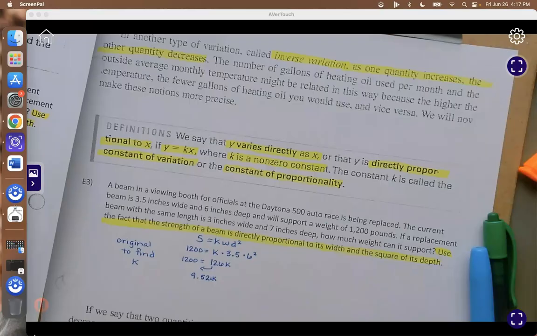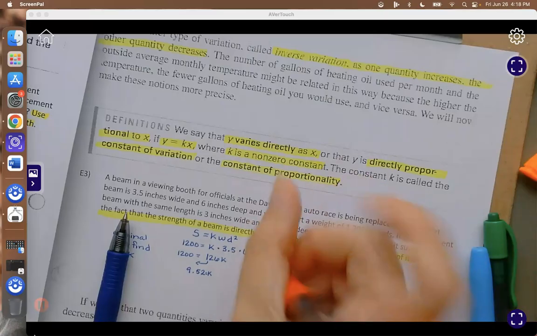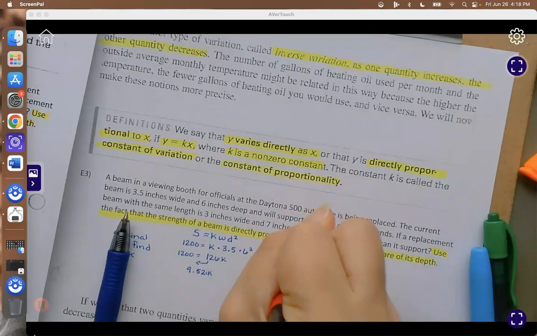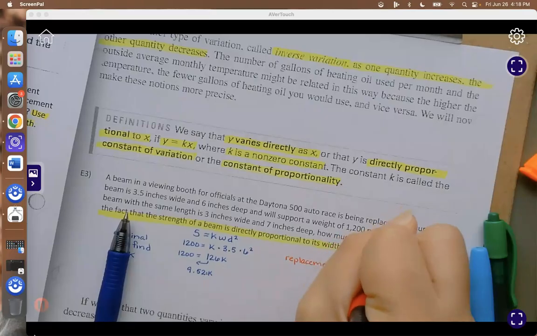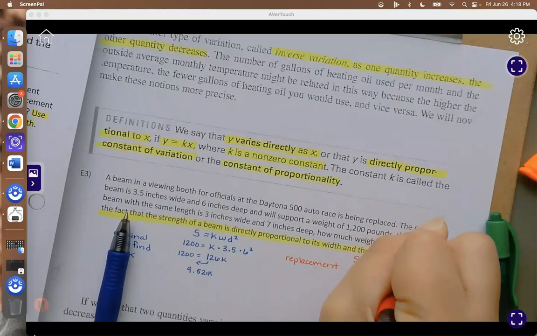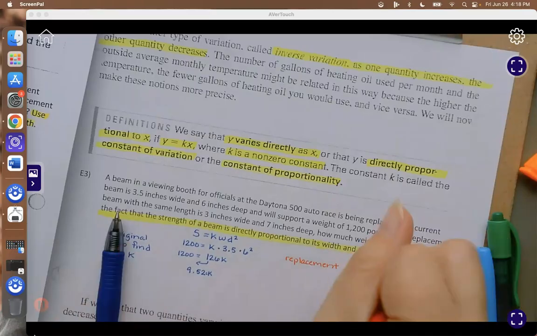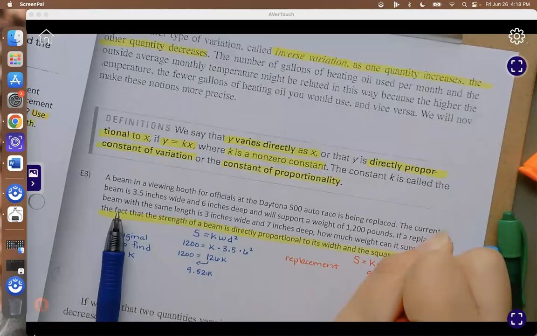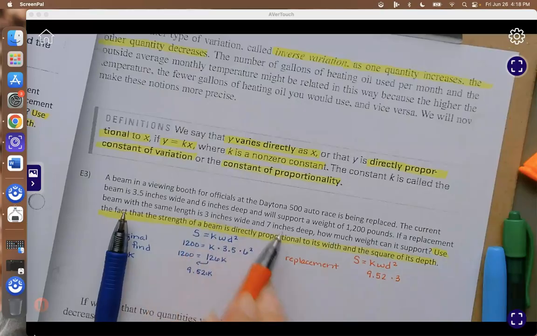Okay, that's our constant. So now we're going to do our replacement. We have the same formula, and it says a replacement beam, same length of 3, but this time we know our K is 9.52. Same length is 3 inches wide, 7 inches deep.